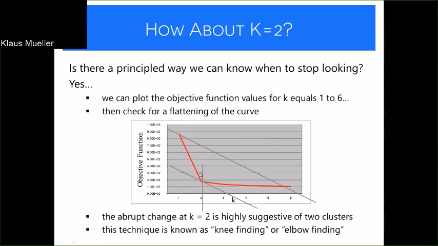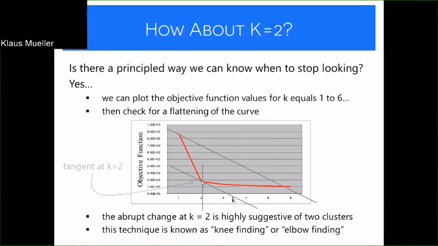Oftentimes, it's not that clear what the elbow is. Sometimes it's really gradually changing, so you can use this method to figure out where the optimal K is. Maybe you can go one more higher, but usually this is a nice way to find K. Try all those out, or try a few of them, and then find out where it's nicely bent like this. And this is really the K.